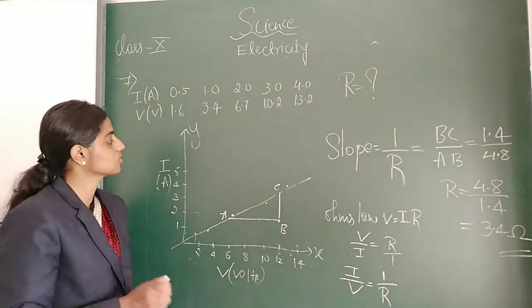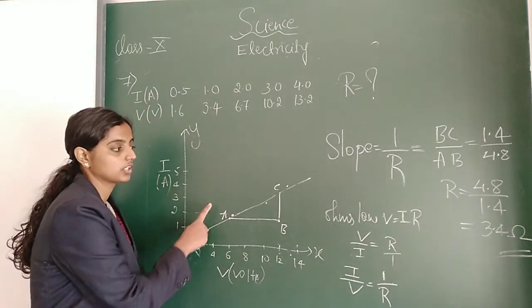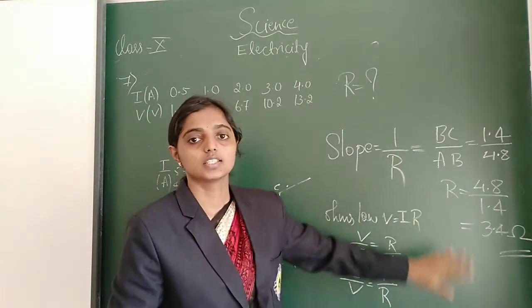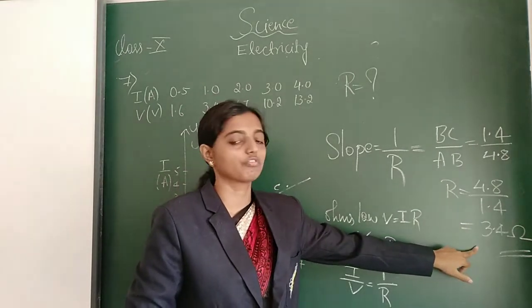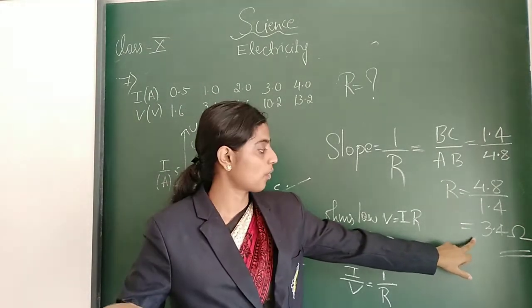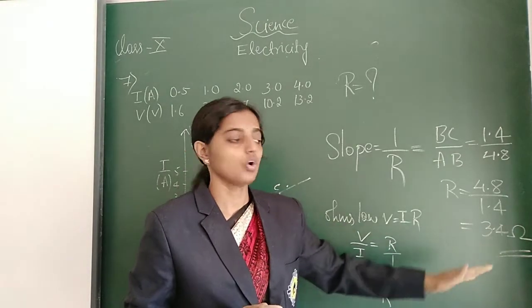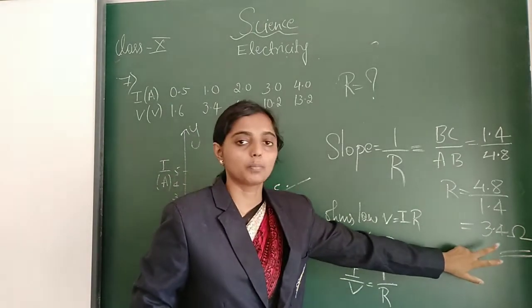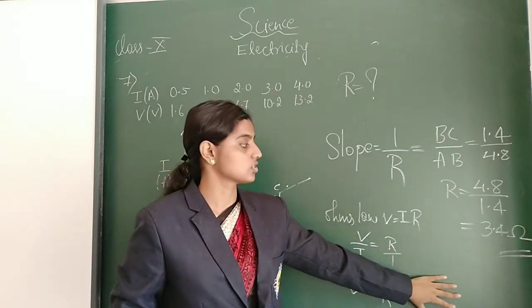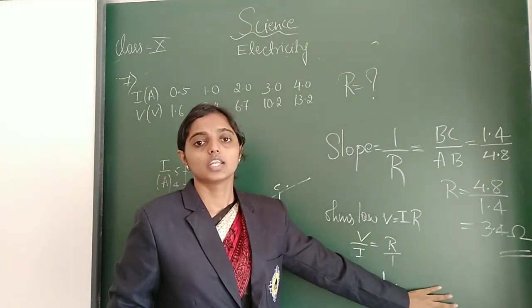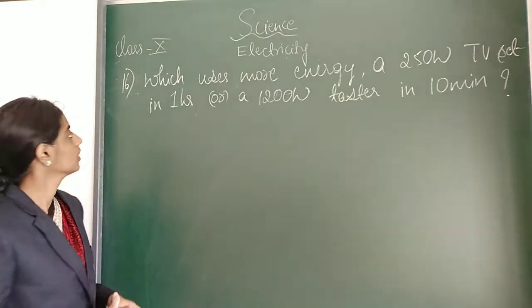And in your notes we should make this in a graph sheet. Later on we should calculate this part. Almost we will get 3.4 or else 3.3 or 3.5, plus or minus 0.1 may go up and down, or otherwise 3.4 we will get exactly as the answer. Now let us go for the next question.